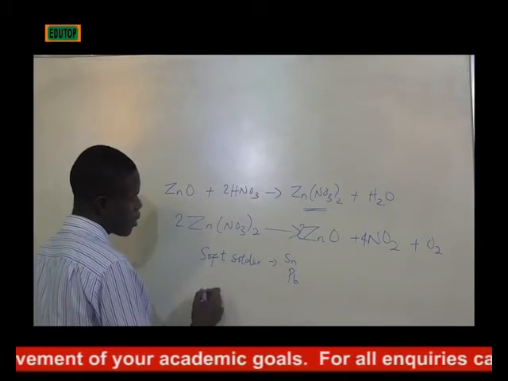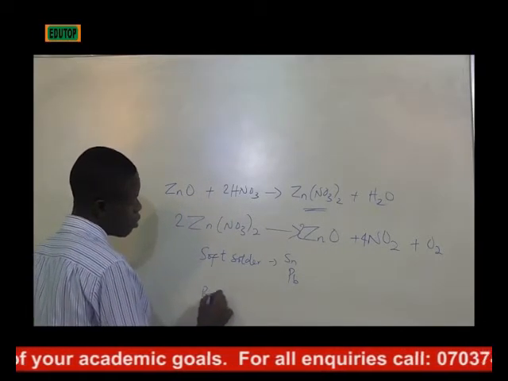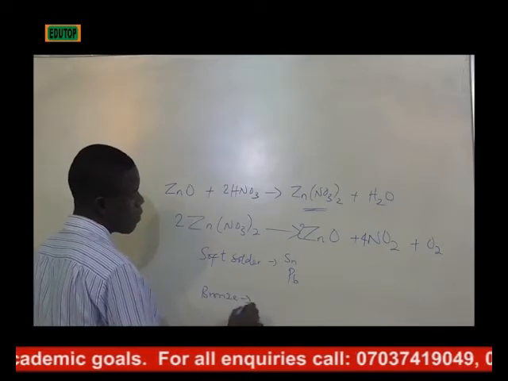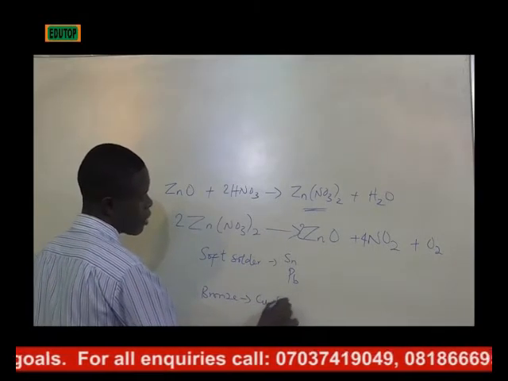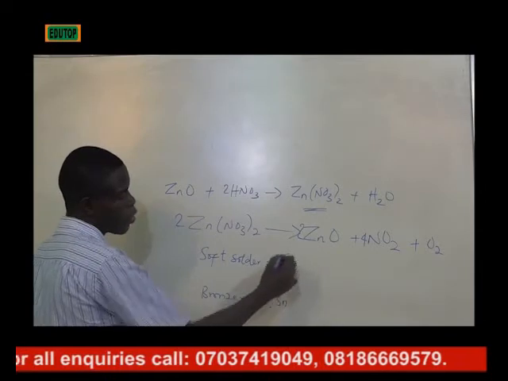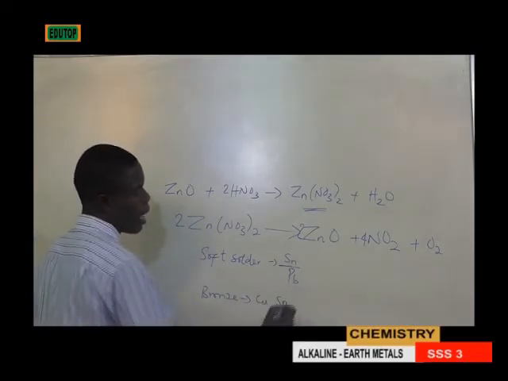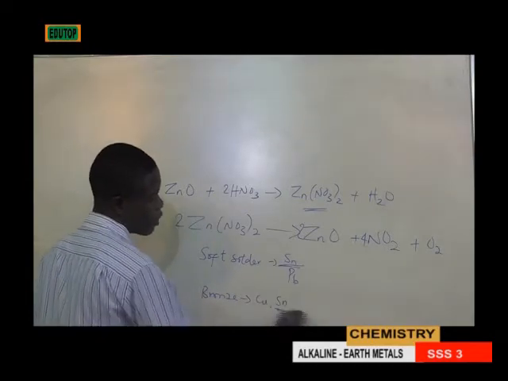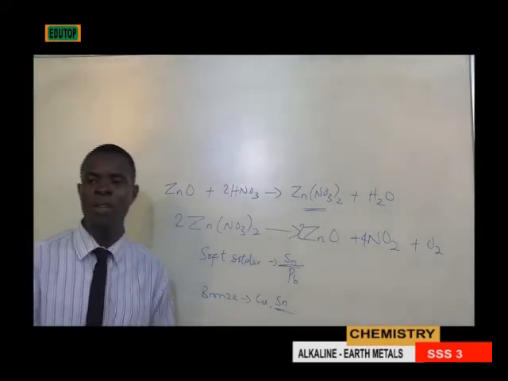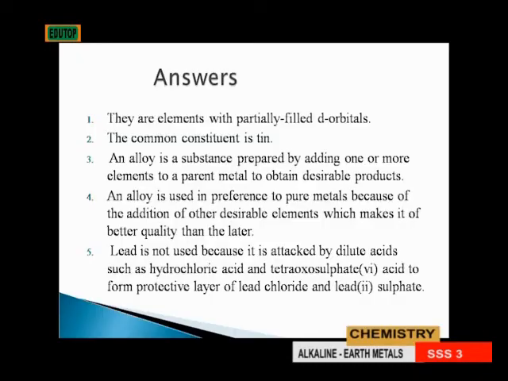And in the case of bronze, you have copper and tin. So the constituent element that is common to soft solder and bronze is tin.